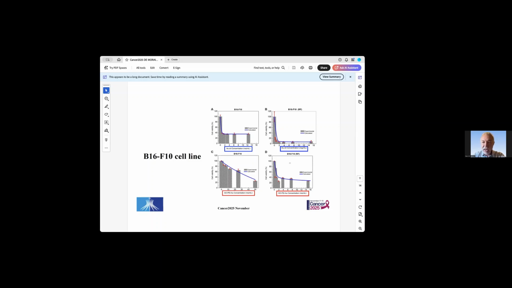On the right-hand side, on D panel, you have the application of the radiofrequency. So once you are able to fit the experimental data like I show you on these plots using the solid blue line, you can extract important information from this cell viability assay.